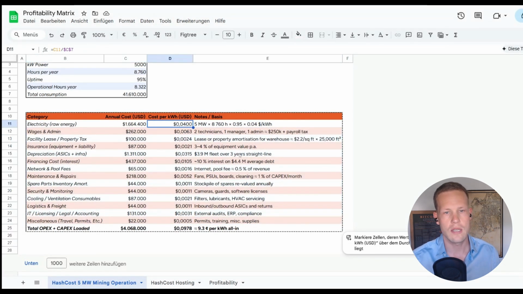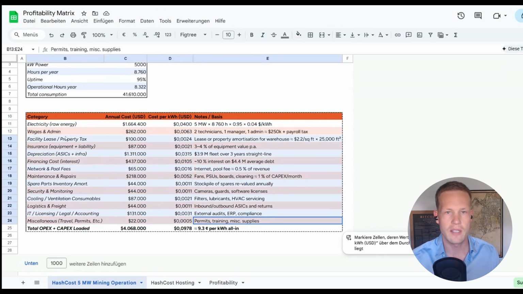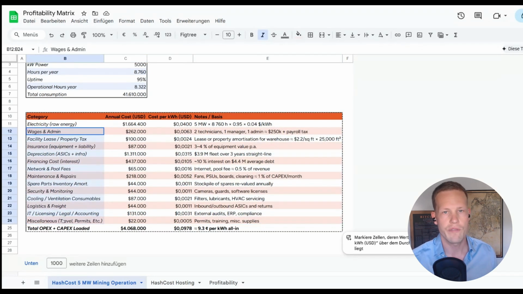Yes, your power cost is 4 cents, but then you have all of this other cost. And again, this could be wildly off, but this is where the competitive edge comes in. This is where every miner can control their calculation, their profitability, by optimizing each and every one of these factors and making sure they run an operation that's as smooth as possible and as lean as possible, right?